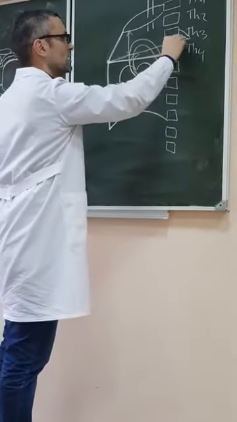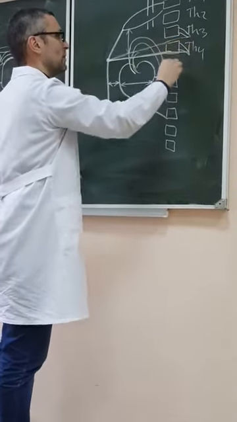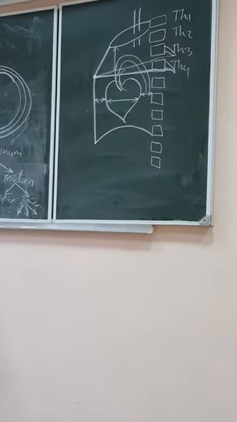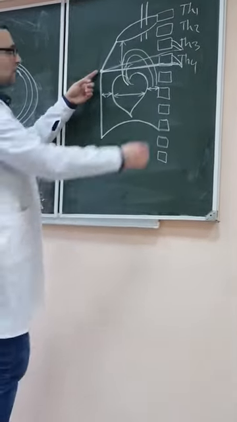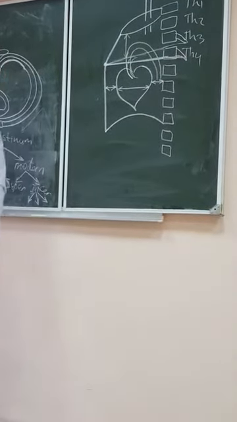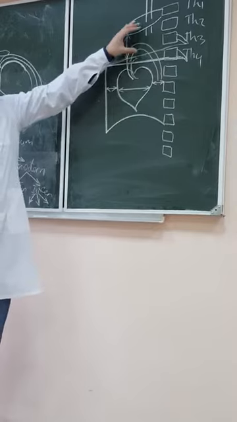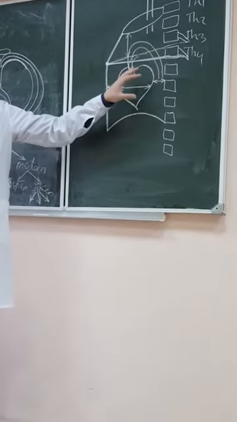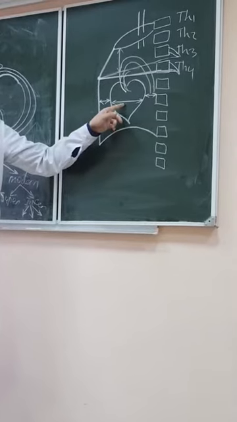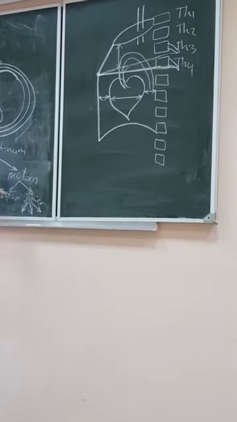This plane, or the spinous process of T4 vertebra. So this imaginary plane, which connects angulus sterni in front and spinous process of T4 behind, is the borderline between superior mediastinum and inferior.